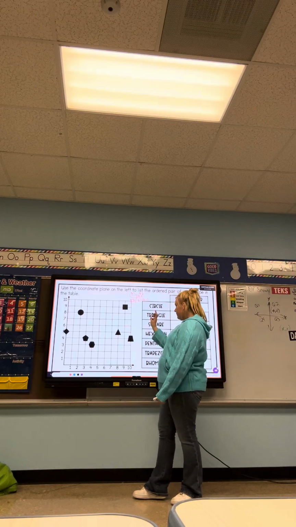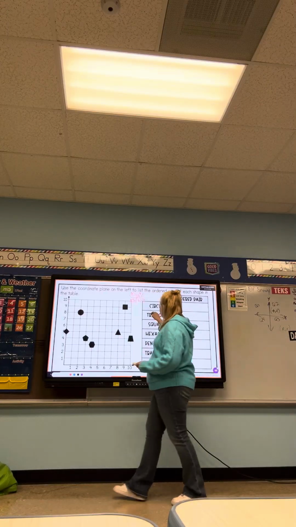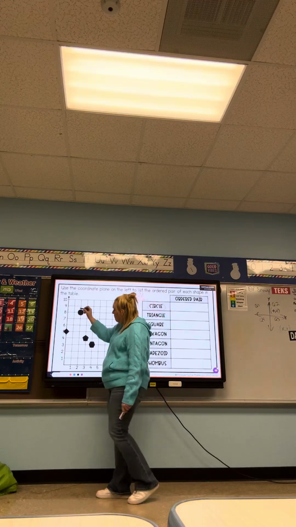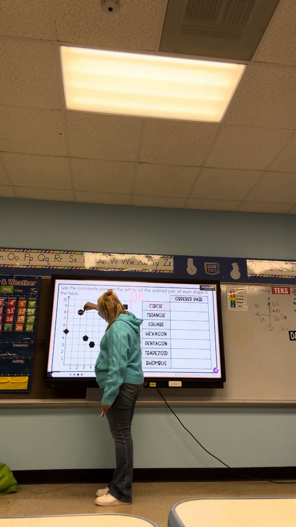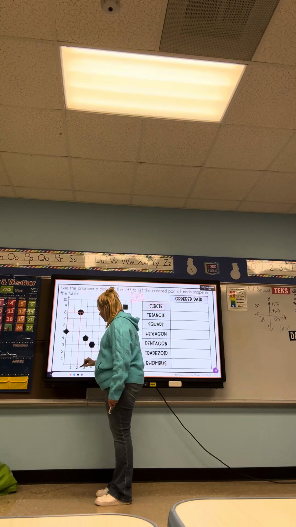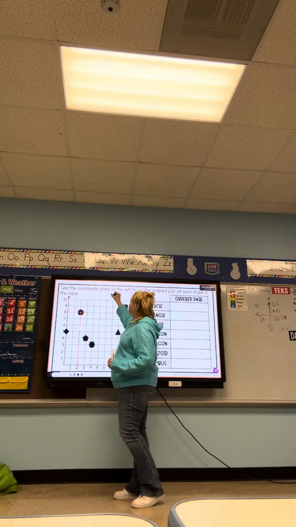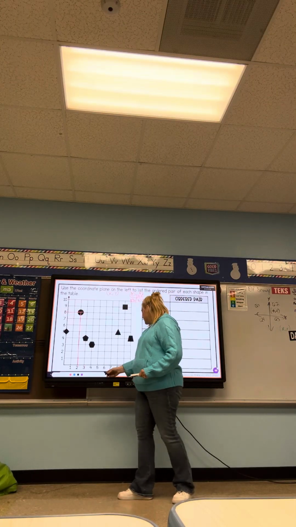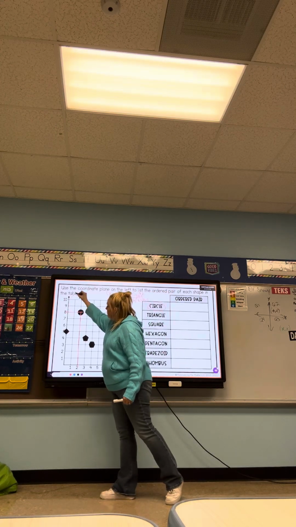All right, moving on, we are going to look at these circles because it's asking for these circles. I'm going to draw a line that goes straight across from the circle and draw a line that points down. We know that we read these as x, y, right? So I'm going to start on my x-axis.